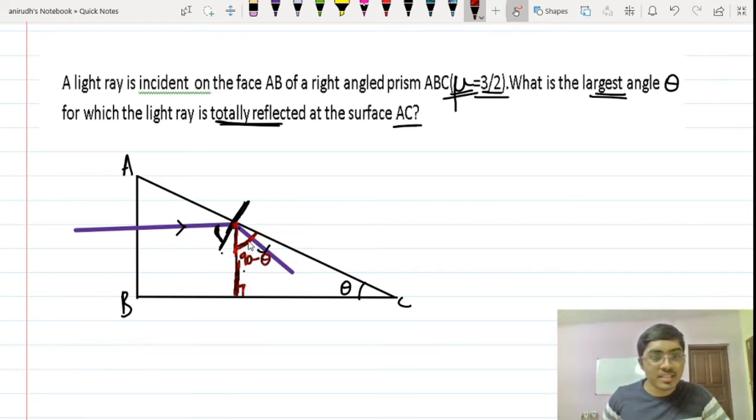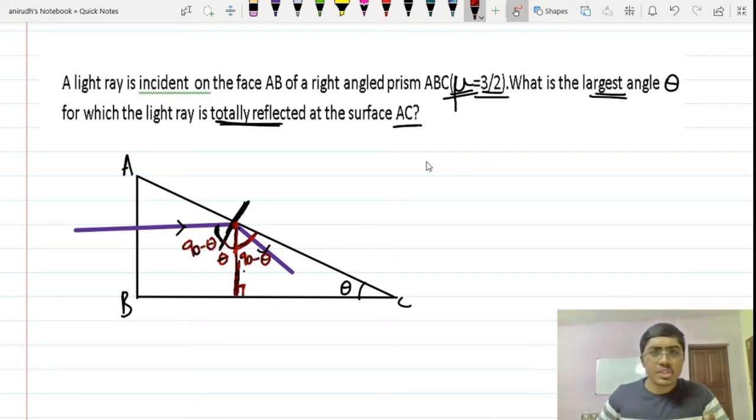If this is 90 minus theta and the total angle is 90 degrees, this is the normal to this surface. The whole angle is 90 degrees, out of which this much is 90 minus theta, so this is equal to theta. Now this is at a 90 degree angle to this ray, so I can say that this is equal to 90 minus theta. If this is theta, then that is 90 minus theta.